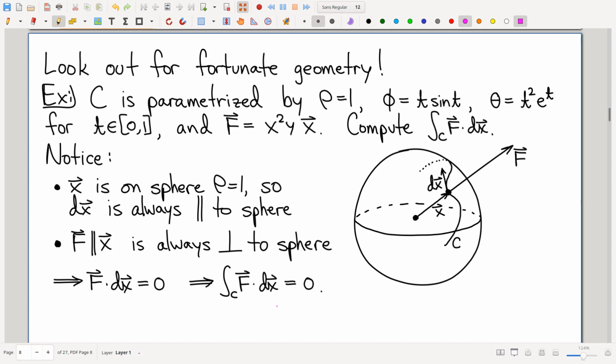And likewise with this business about fortunate geometry, think about what's nice about my domain. What kind of nice geometric properties does it have? This being a nice example. And is that going to help me capitalize on the question I'm asking? Right? It takes you a few seconds, and it can pay off big time.